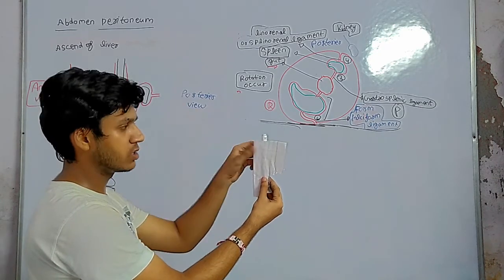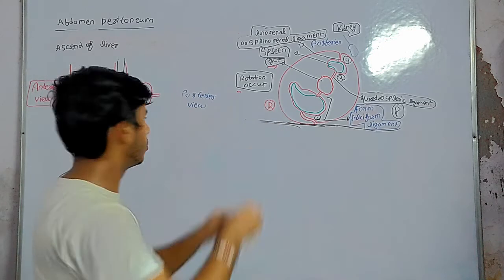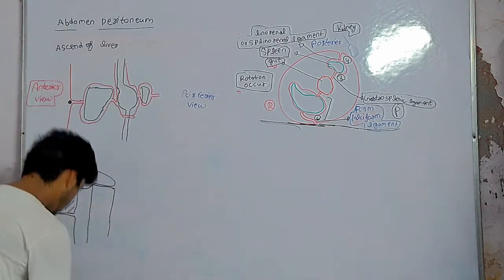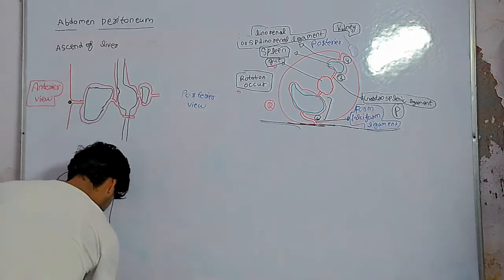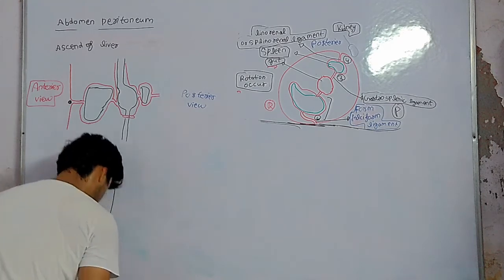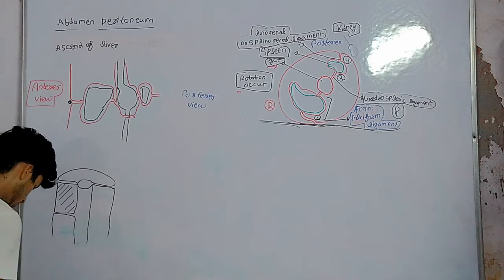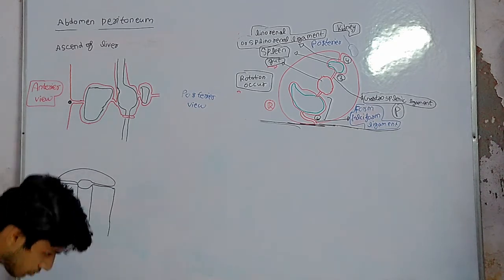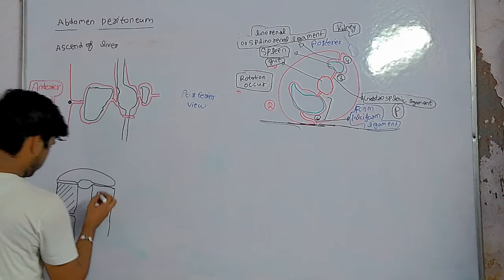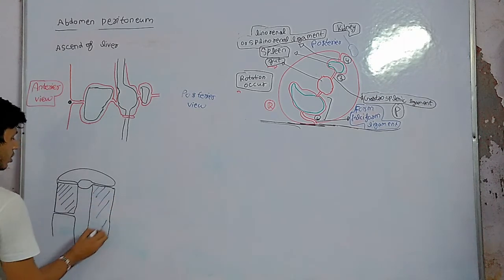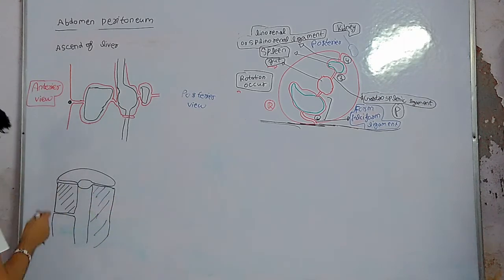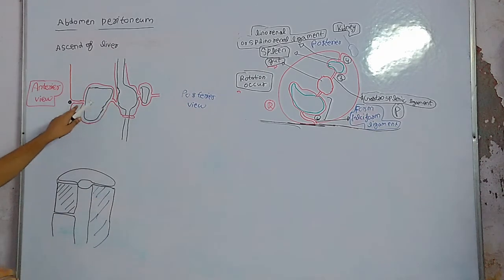So the gut tube is present on both sides. Done. So this develops into the falciform ligament.